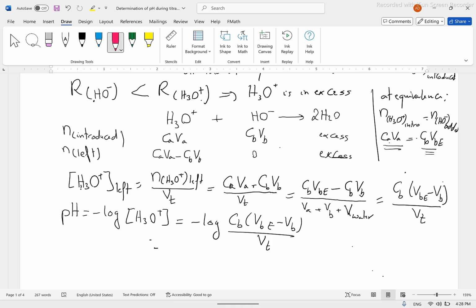Second case, if Vb added is greater than Vbe, then the volume of base added is in excess.